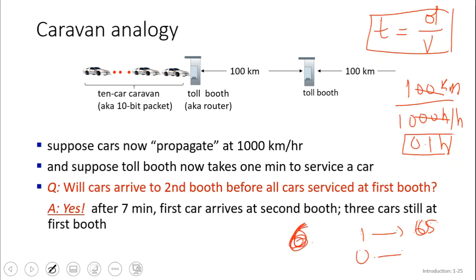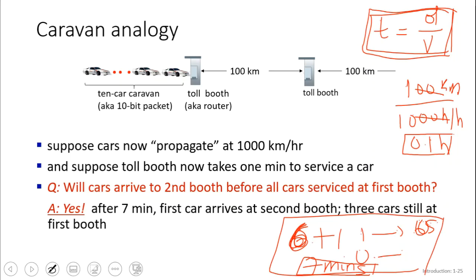Now the processing time is 1 minute, then we have 7 minutes for the first car to arrive at the booth, right? And some of the cars will still be processing, and that makes sense. So you just have to use your formula and a bit of common sense to understand what's going on.